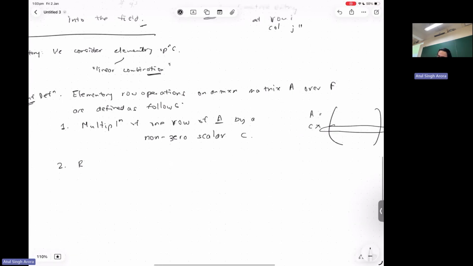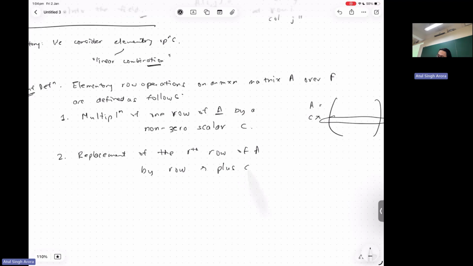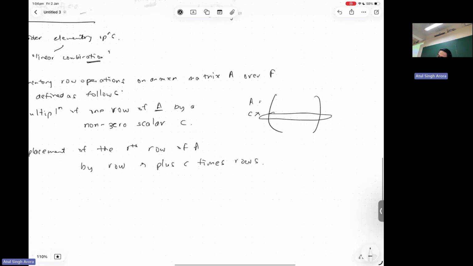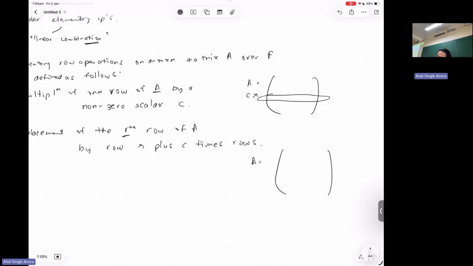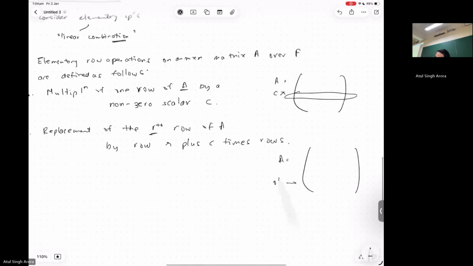Second one is replacement of the rth row of A by row r plus c times row s. So what would this look like? You replace the rth row. Suppose this is the rth row, and this is the s row, whatever.